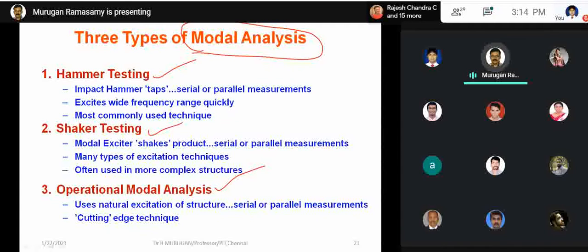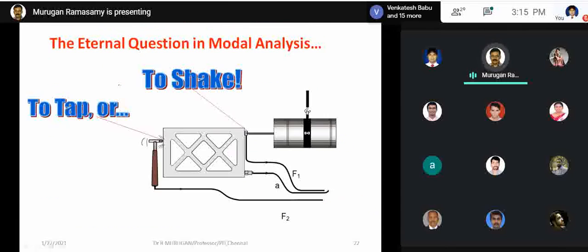In case of hammer, a simple hammer is used to give excitation to the source. Similarly, in case of shaker, the shaker is used to excite the specimen. But compared to these three methods, hammer testing is very economic and easy to use. So we have followed this hammer test.